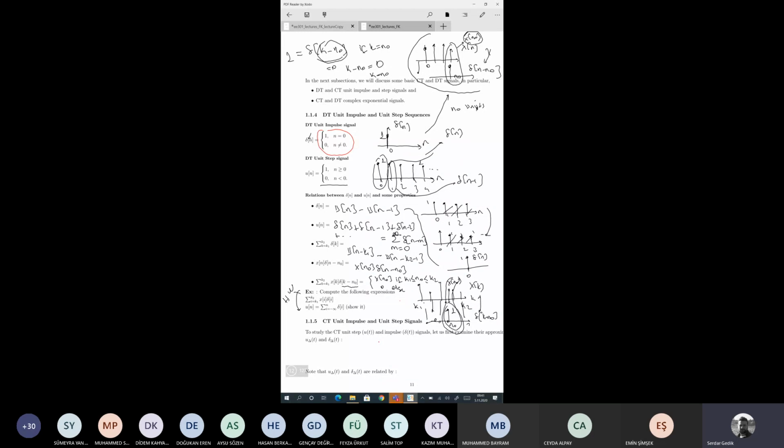In order to understand those continuous time unit step and impulse signals, we will first start with some definitions. First, I will define impulse delta of t, and this is simply my u delta of t.